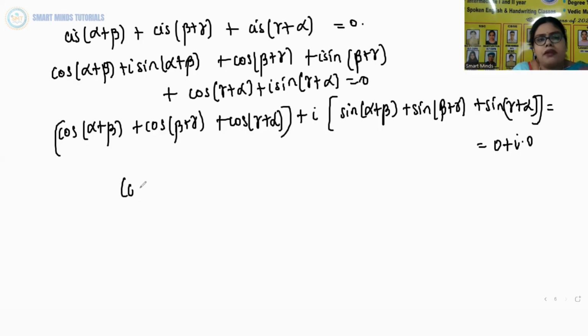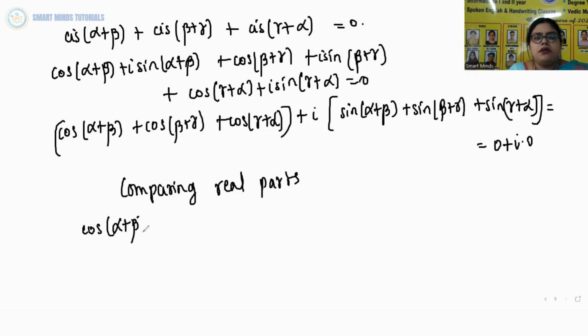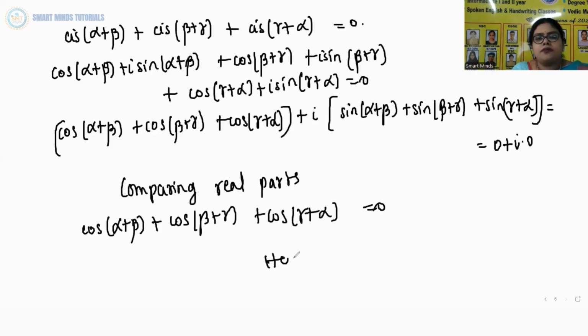Now we compare real and imaginary parts. We compare only real parts because they are asking us to prove only cos. Look at the question. In the third bit, they are asking us to prove only cos. So if we compare only real parts, the third bit will be proved. Okay, so cos(alpha plus beta) plus cos(beta plus gamma) plus cos(gamma plus alpha) is equal to 0. Hence proved.